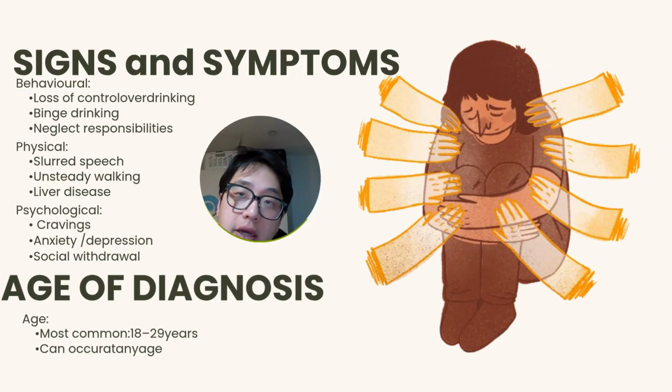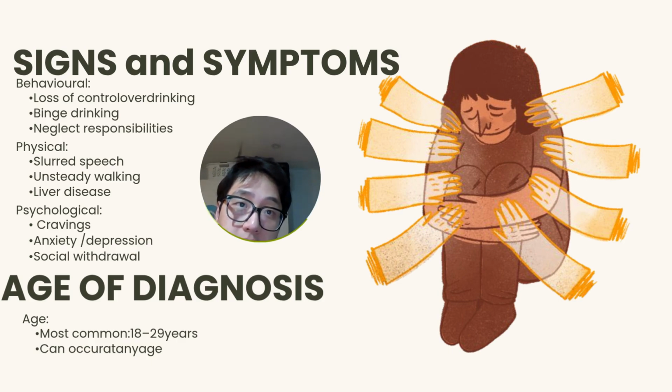For this slide, I want to talk about the signs and symptoms of AUD. As nurses, our assessments start the moment we see the patient. We break symptoms into three categories: behavioral, physical, and psychological. Behaviorally, we look for loss of control. Is the patient drinking more than they intended?